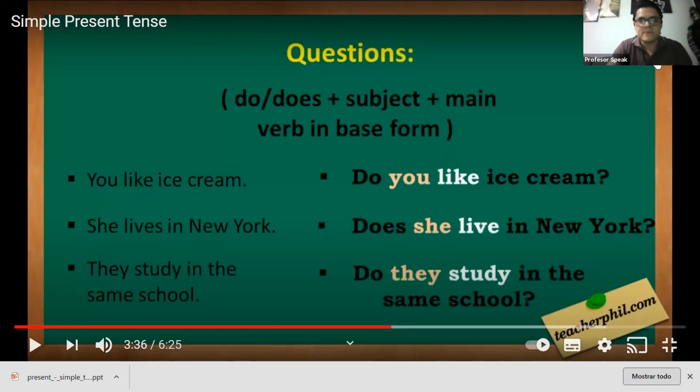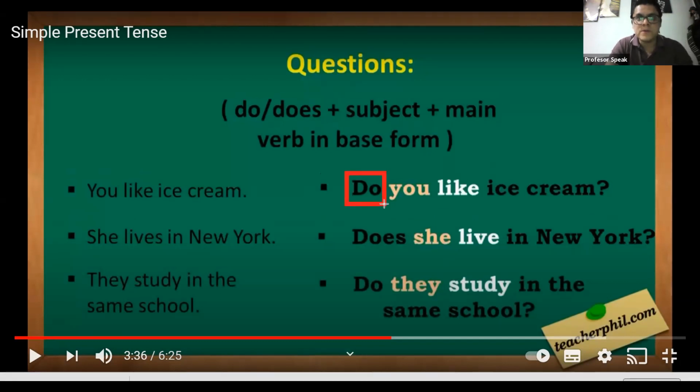Okay, exactly. So focus on the structure in questions. First you need the auxiliary do. Then you need the subject. Then you need the main verb. And then you need the complement.